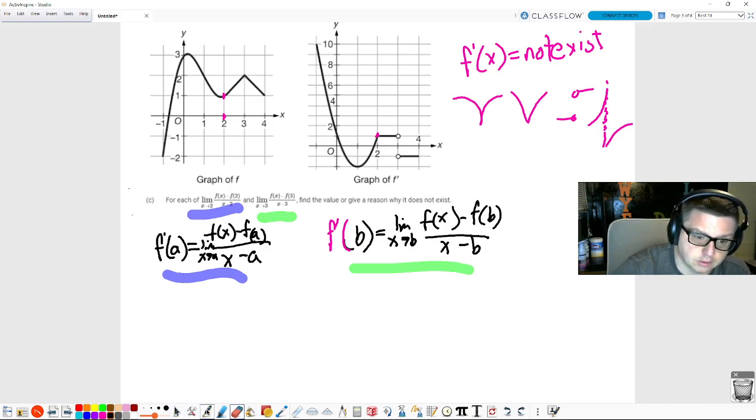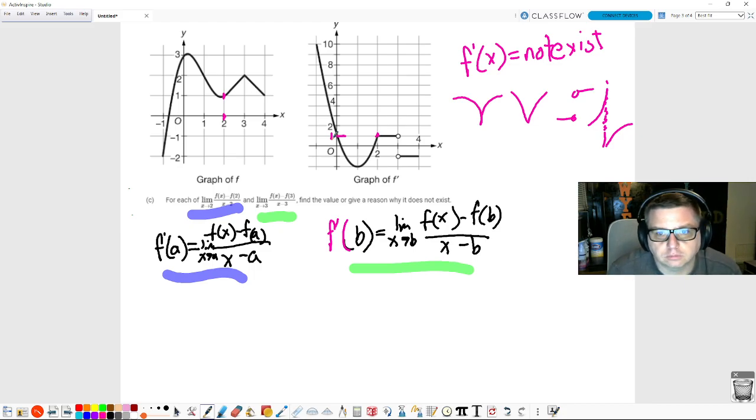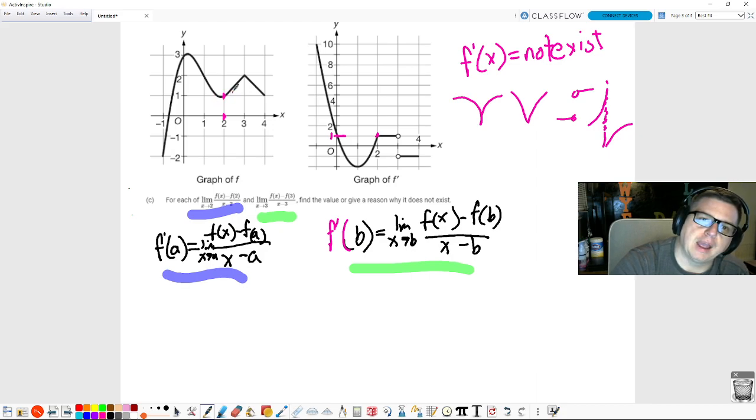Well, it shows us that the value is 1 for that derivative. So then that means the slope at that point should be 1, correct? So does the derivative exist? Yes. And what's the value?